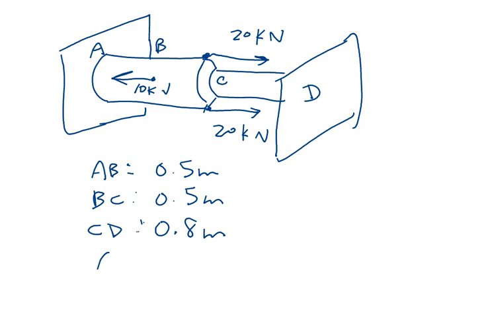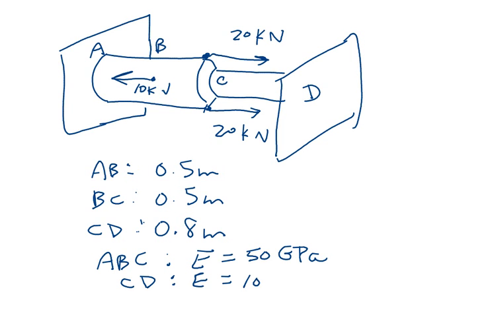ABC is one material, right? And let's say its Young's modulus is 50 gigapascals. And then CD, let's say, has a Young's modulus of 100 gigapascals.